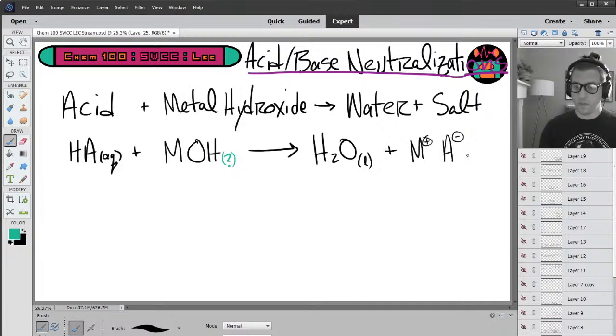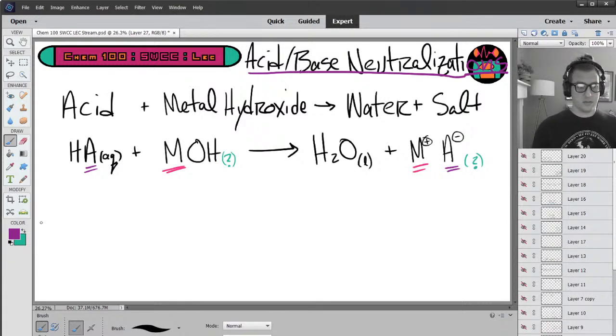We don't know the phase of this one either, but the cation for the salt comes from your metal hydroxide, and the anion for the salt is the conjugate base after the acid has removed its proton.